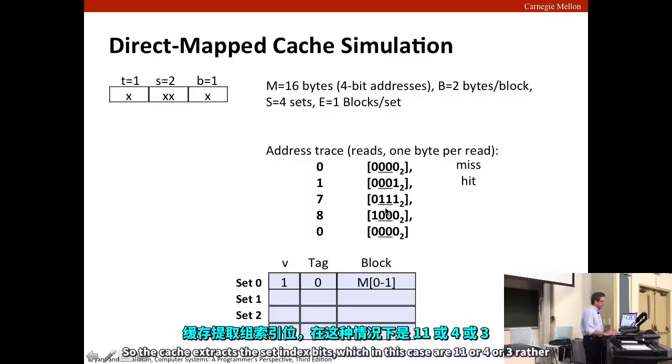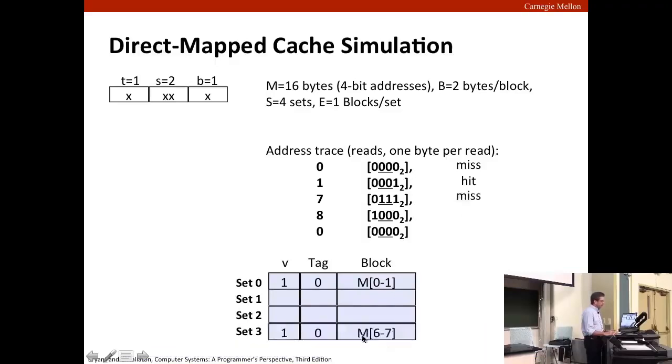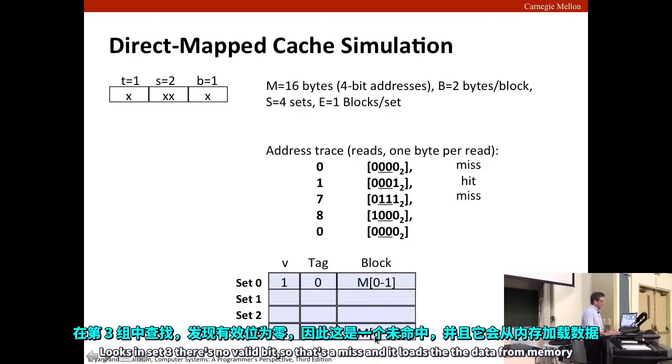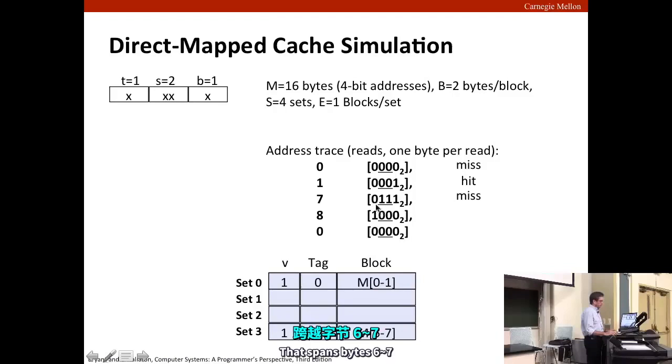The cache extracts the set index bits, which in this case are 1, 1, or 3 rather. It looks in set 3. There's no valid bit, so that's a miss. It loads the data from memory that spans bytes 6 and 7, and in this case the tag bit is 0. We record that in our metadata.